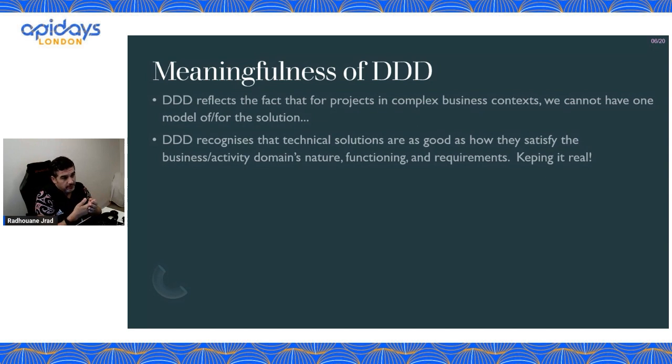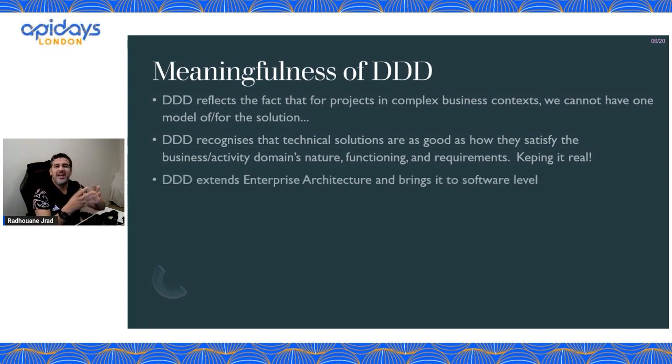And also, just to be clear, most companies don't sell IT. They sell wood, they sell shoes, they sell building material, whatever. So the solution that the IT people provide has to be fit for purpose to the business needs. DDD allows that because the IT solution works in the realm of the business. And I'll show you some examples later on.